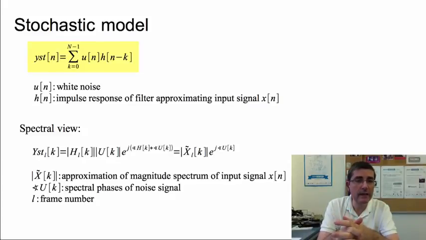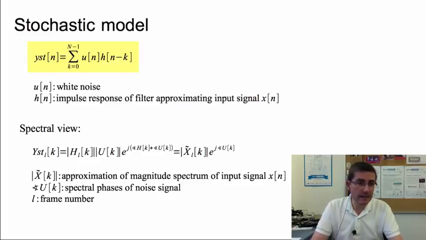So by taking this convolution, we are assuming that the signal that we are dealing with is well represented by its impulse response.